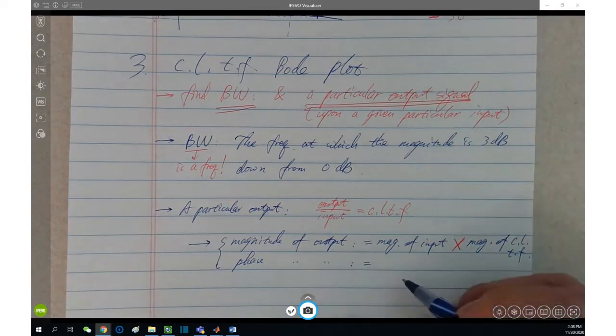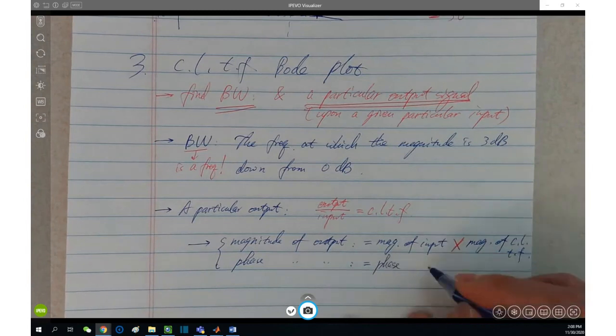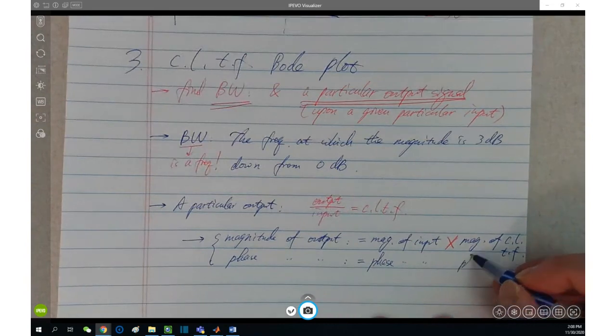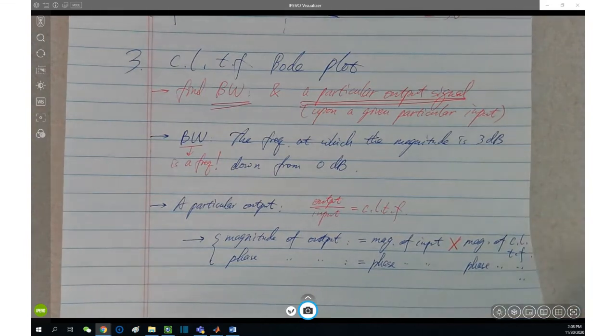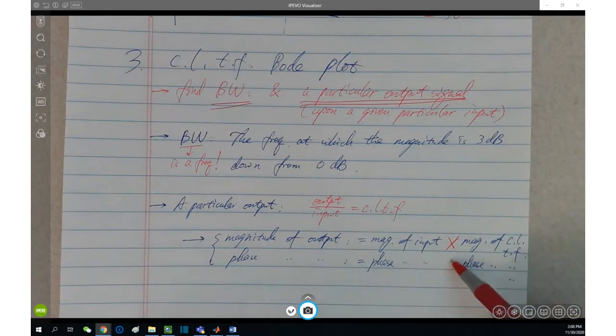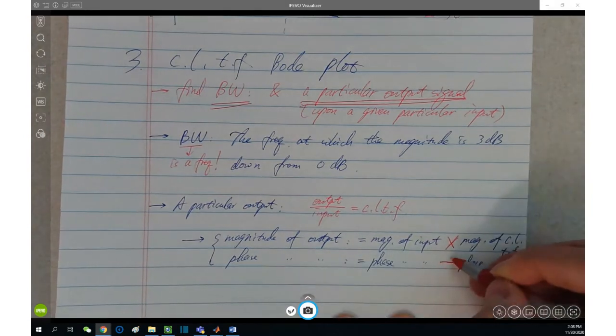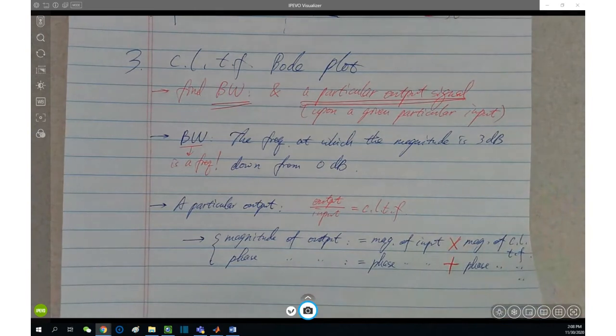Phase of the output equals what? Phase of the input somehow with the phase of the closed loop transfer function. Anyone knows what is the operation in between here? Plus. Very good. Why is that? Why is that?